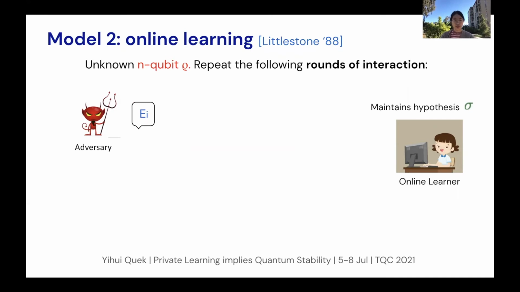So at every round of the game, the adversary is going to provide a measurement E_i, and here there's no distribution over the measurements. The adversary can choose the measurements any way they want. So the adversary provides E_i, and then the online learner is supposed to respond with, I predict trace E_i sigma, which is some real number between 0 and 1.